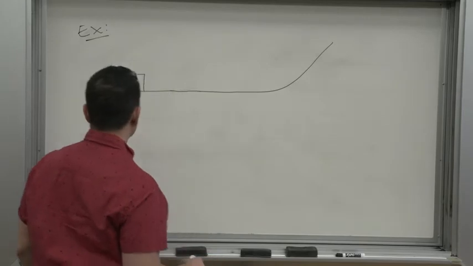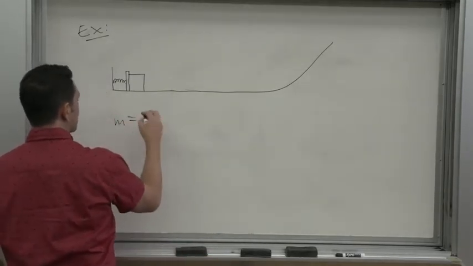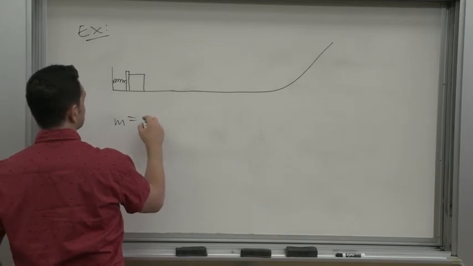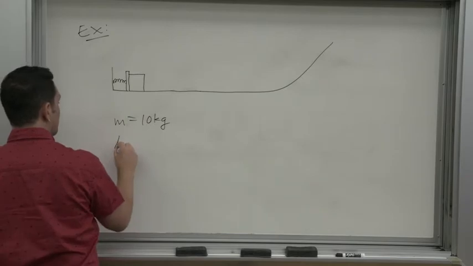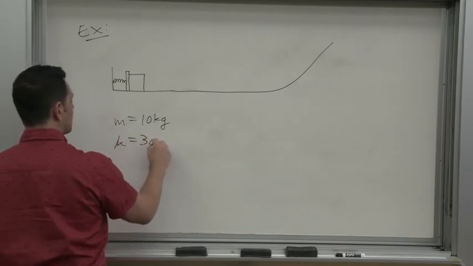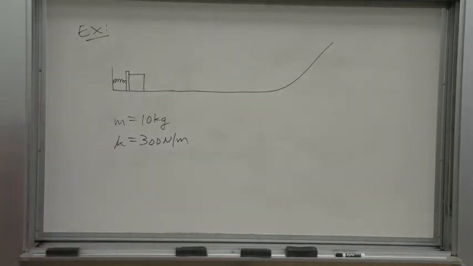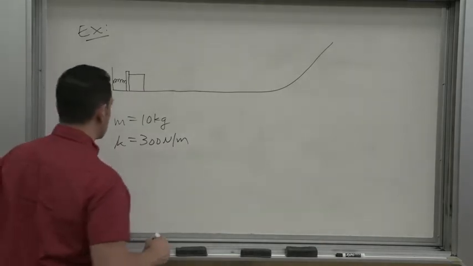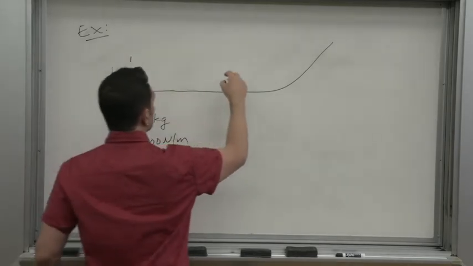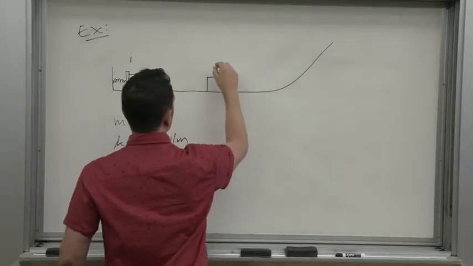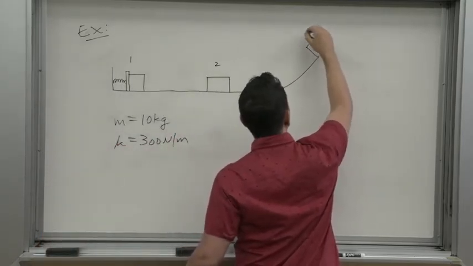All right, and let's say that the mass is 10 kilograms. Let's have the spring constant be 300 newtons per meter. And my question is, let's have this be position 1 over here. Let's have this be position 2 over here. And let's have this here be position 3.